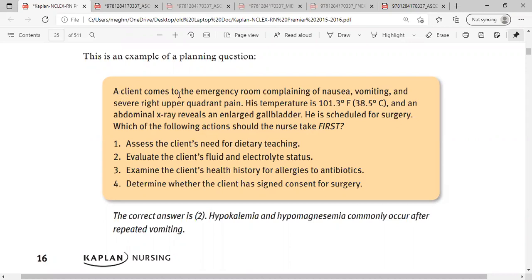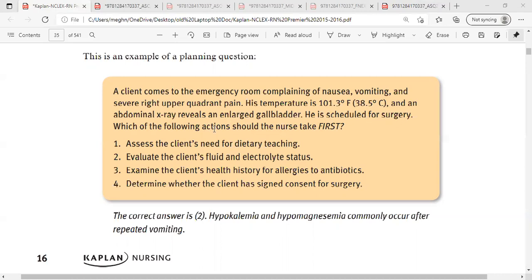Question: a client comes to the emergency room complaining of nausea, vomiting, and severe right upper quadrant pain. His body temperature is 101 Fahrenheit or 38.5 degrees Celsius, and an abdominal X-ray reveals an enlarged gallbladder, and he is scheduled for surgery.